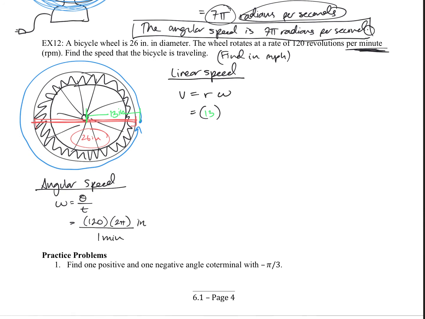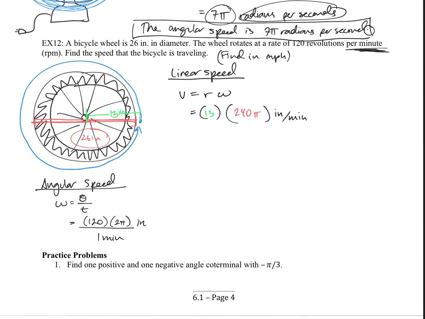And that simplifies out to 240 pi radians per minute. Okay, so there we go. We have that. Let's go ahead and circle that. So that'll be 240 pi, and then inches per minute.